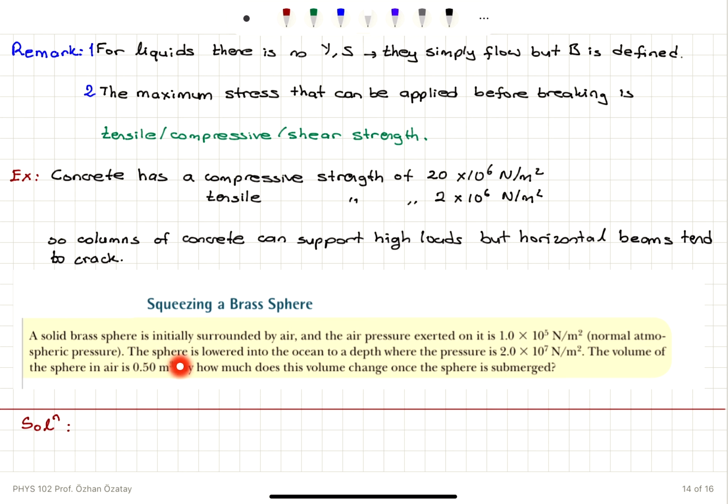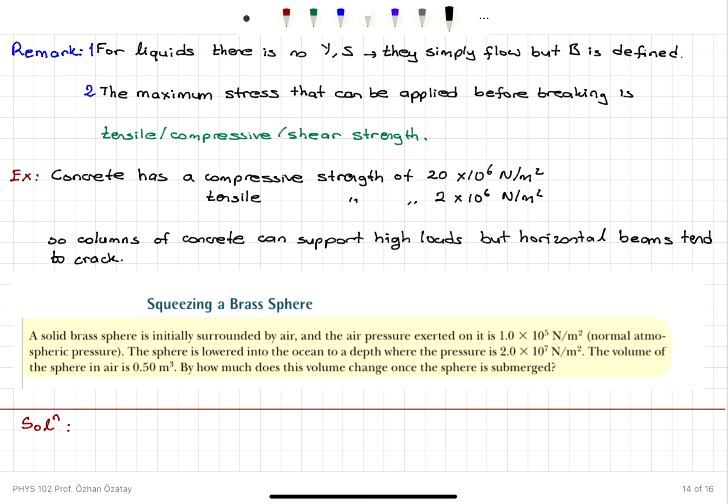The sphere is lowered into the ocean to a depth where the pressure is 2 times 10 to 7 newtons per meter square. The volume of the sphere in air is 0.5 meter cube. By how much does this volume change once the sphere is submerged into the ocean?